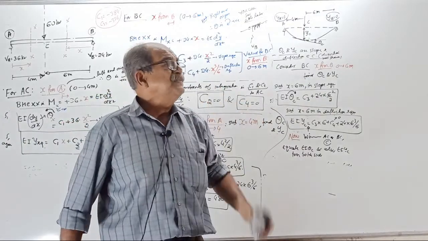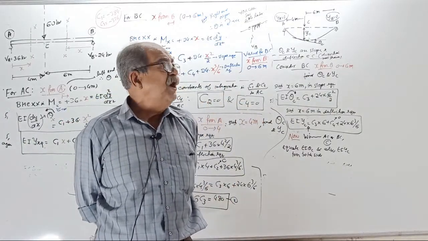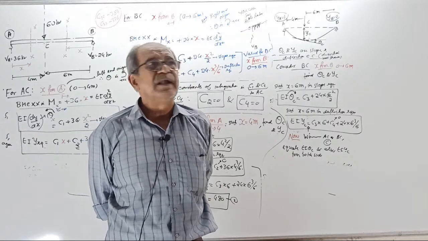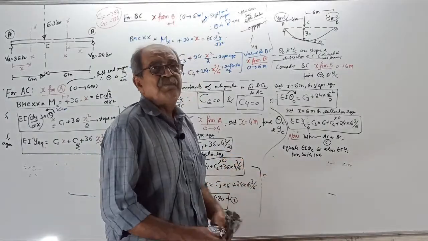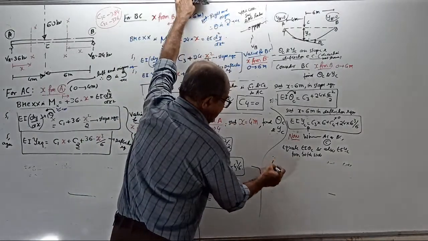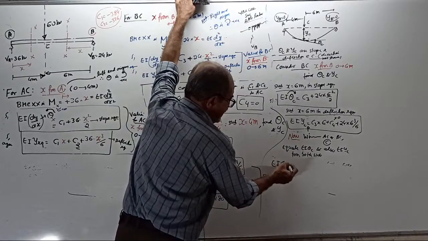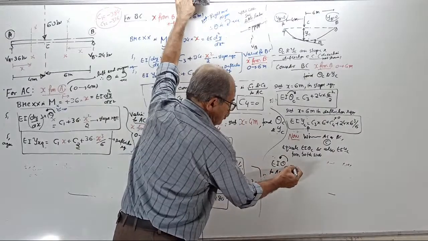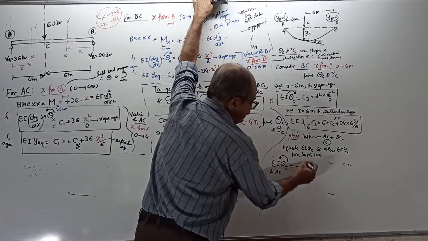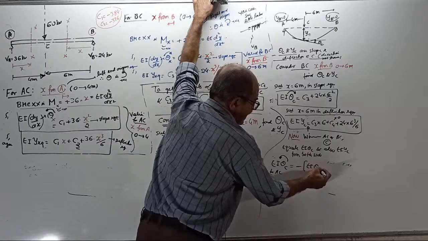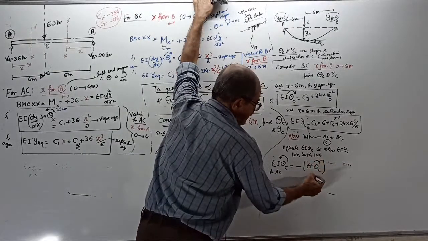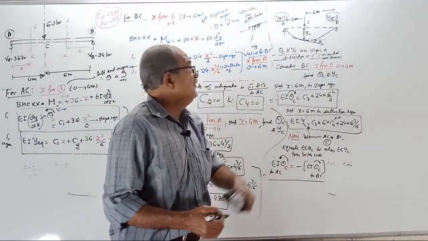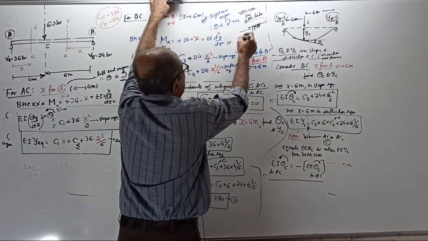Therefore, if both are plus 10 or both are the same sign, equate. When they are opposite sign, you should write what? EI theta C anti-clockwise for AC portion should be equal to minus of EI theta C clockwise for BC portion. Clear? One side you got plus 10, the other you got minus 10.